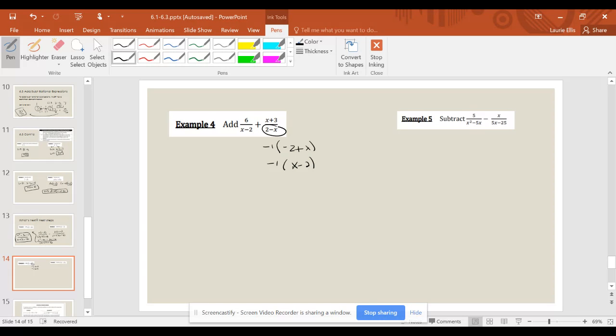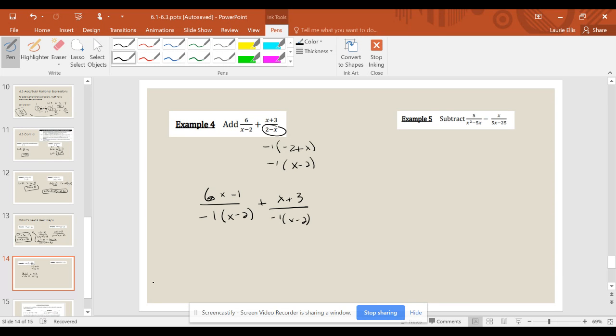So that is actually going to be my least common denominator, negative 1 times the quantity x minus 2. So on that first fraction, I just have to multiply it by 6 times a negative 1. And then my denominator is negative 1 times x minus 2, plus, and then I'm going to go over here, x plus 3, over negative 1 times x minus 2.